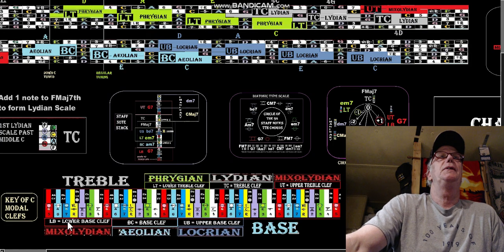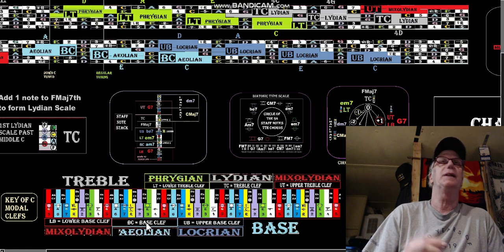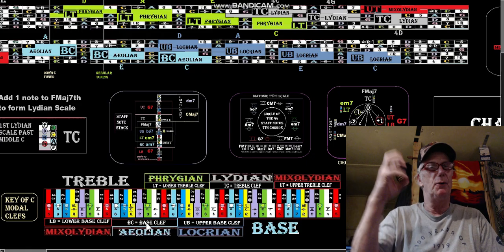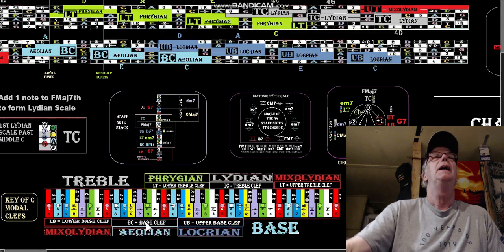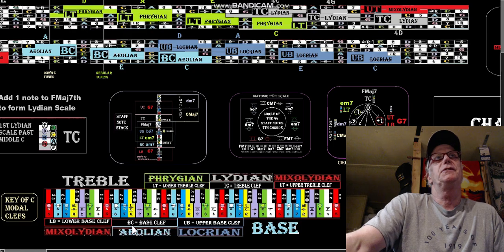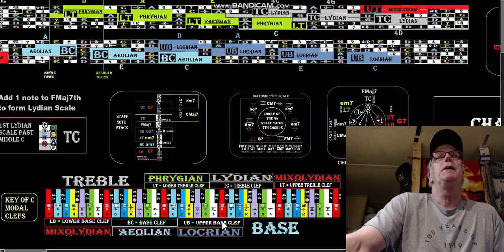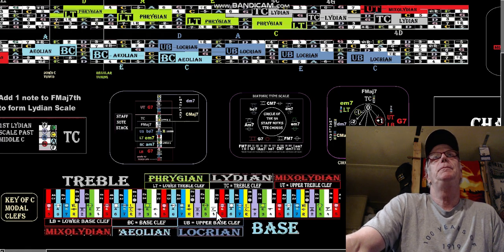Apparently I got a little confused because I'm working on getting this theory going in my head, what's important to me, and I'm not following through with these diagrams, because sometimes people don't even pay attention to the keyboard diagram. So upper bass clef is the Locrian here, and then lower treble clef.